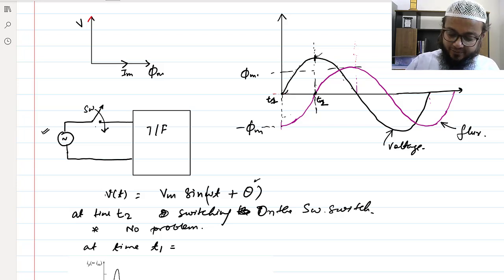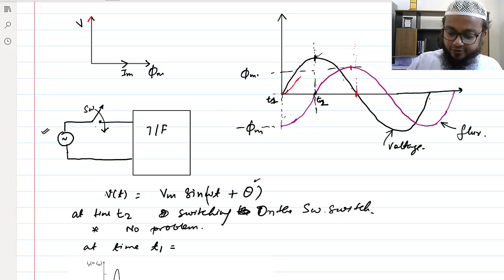So the flux will start building up from 0, such that it will immediately try to reach the value required. Because the demand says that at this moment, if theta is at 180 degrees, the flux should be 2 phi m.